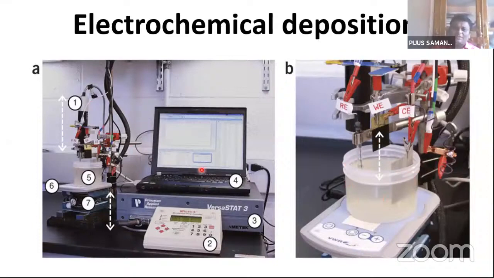The entire system, I mean the currents, voltage, etc., is computer controlled, because control of the current is very important. Then obviously the structure will change. I will show. So this is the basic setup for a precise synthesis of nanomaterials by electrochemical method.